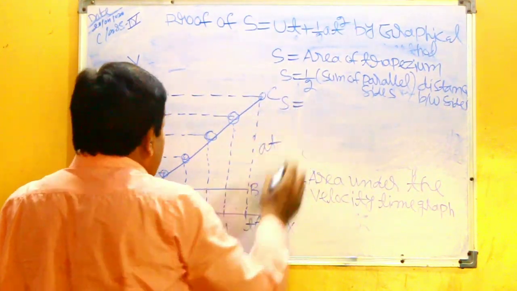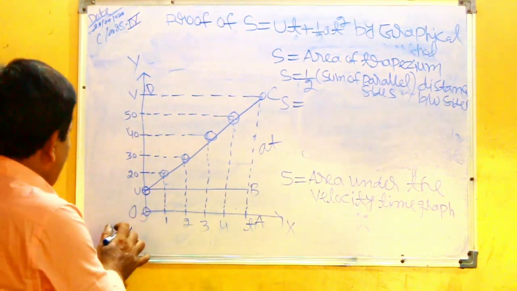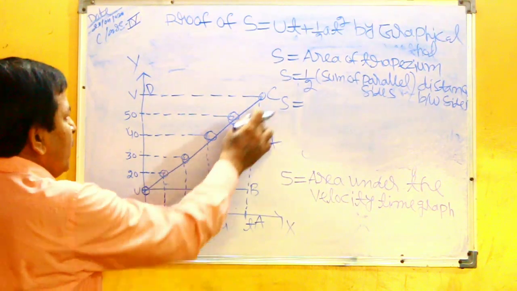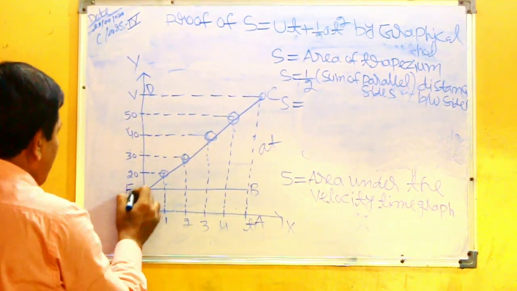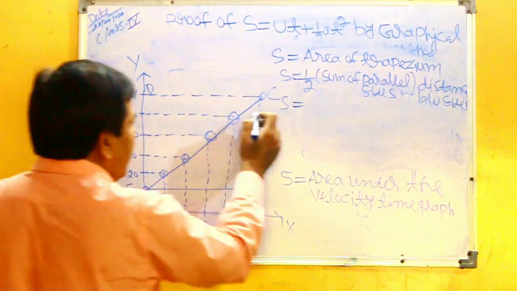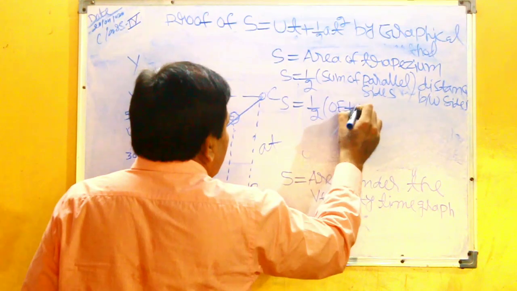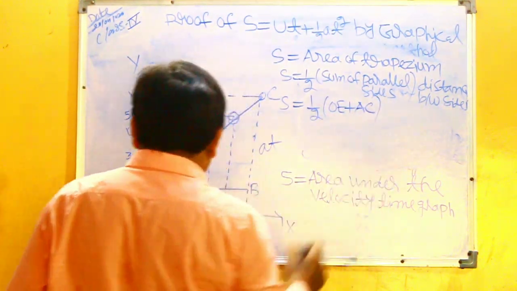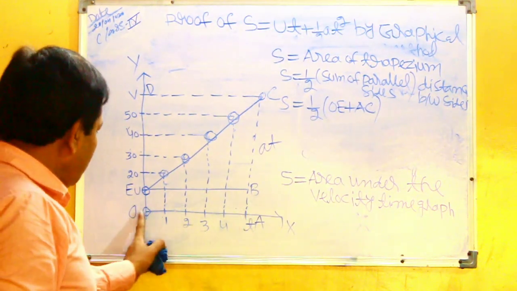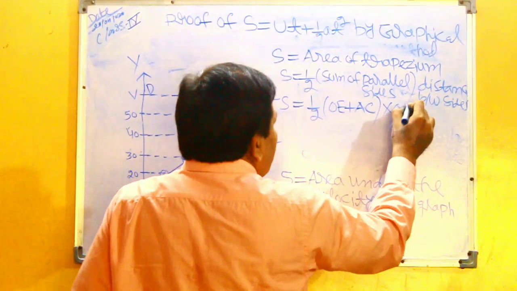So look here. The parallel sides are OB and AC. You can write here 1 by 2 into OB plus AC. And distance between them is time, that is OA.